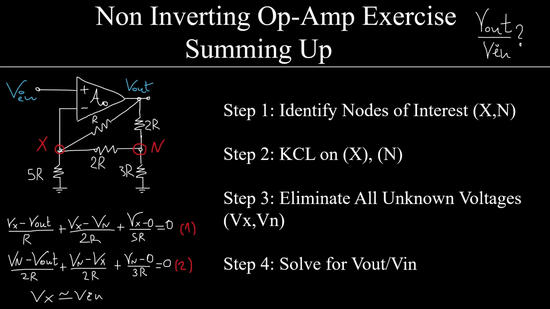If in my result I have something like A times Vout plus B times Vin plus something constant, let's say 10, is equal to 0, which would mean that I would not be able to solve for Vout over Vin in this step, it could mean that I have made a mistake.